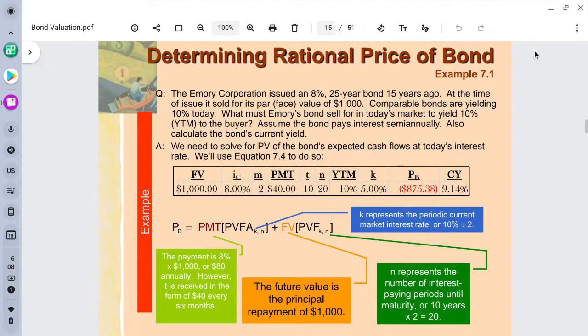But at the time of the issue, it was sold at par value. So then, what can we conclude from the fact that it was selling at par value at the time? Anybody? That the discount rate was the same as the coupon rate at 8%. Exactly. And is this DeAndre?